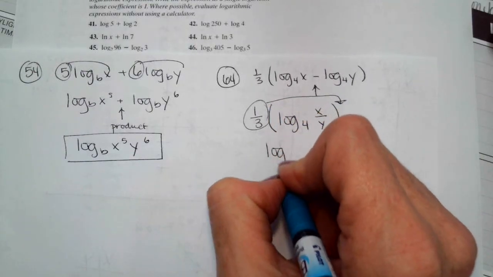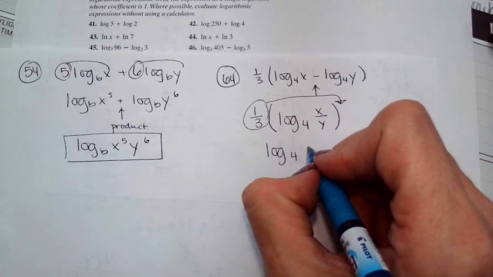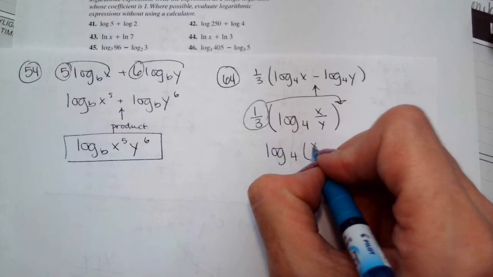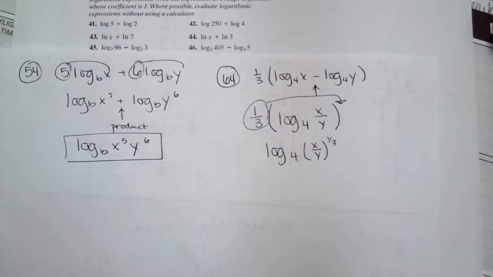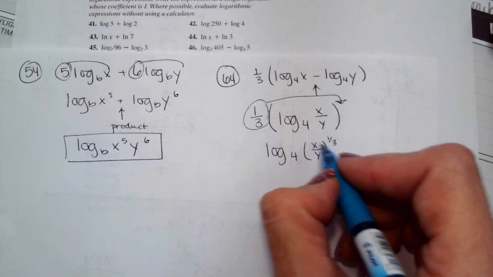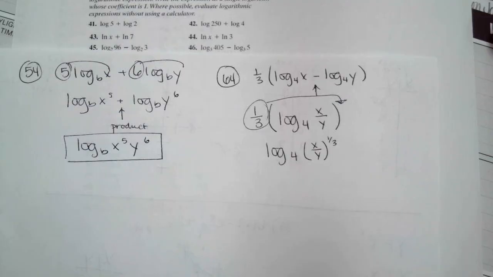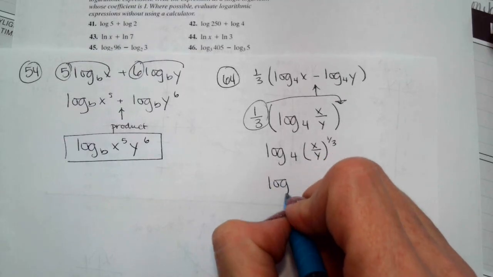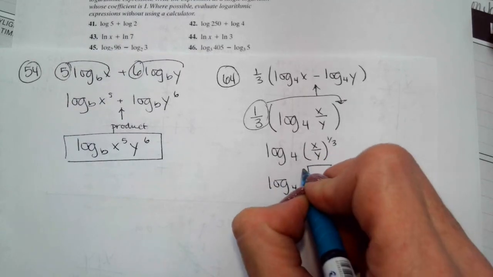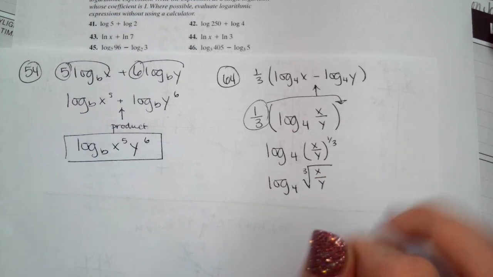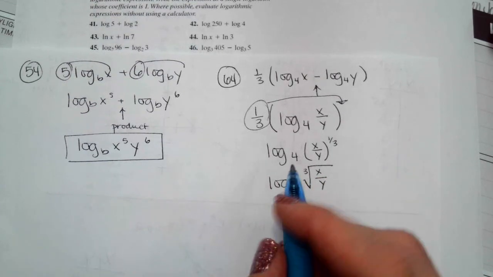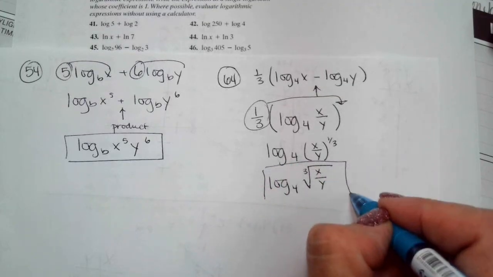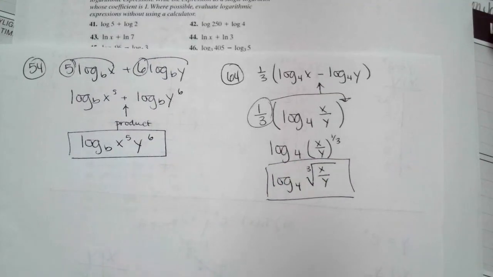And we have log base 4 of x over y raised to the 1/3. This can then be written as a cubic root. Now this is not going to be in proper form because we would rationalize that y if we were going to leave this in simplest form. But it just said to condense it, so here we are, okay?